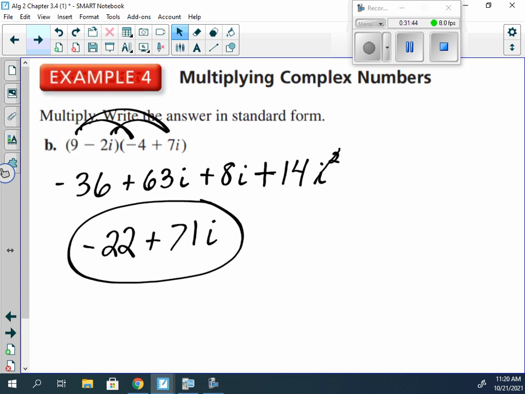What is the main difference from a variable x and i? Because what is i? The square root of negative 1, yes? Does x have a definite value? Well, no, x is whatever we plug it in or set it to be, or we are trying to solve for in the equation. The value of x changes. Will the value of i change? What is i? i is the square root of negative 1, yes? So does the value of i change?